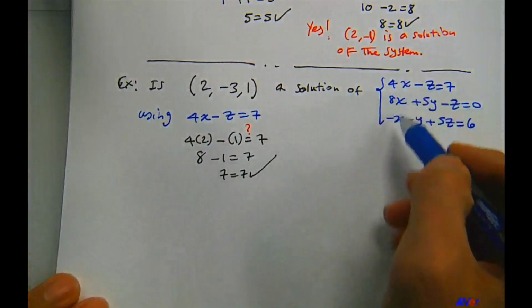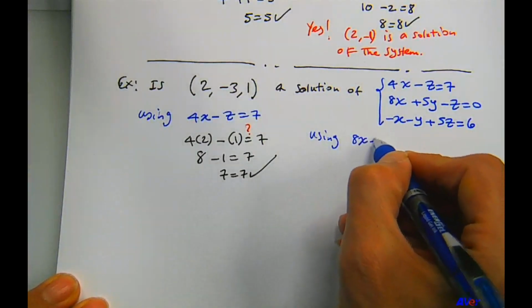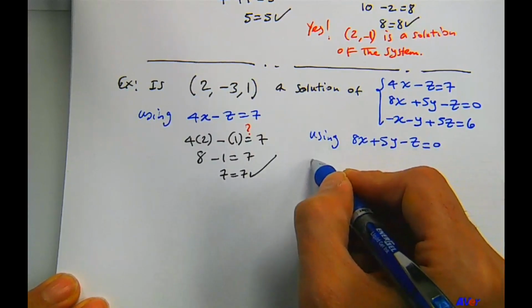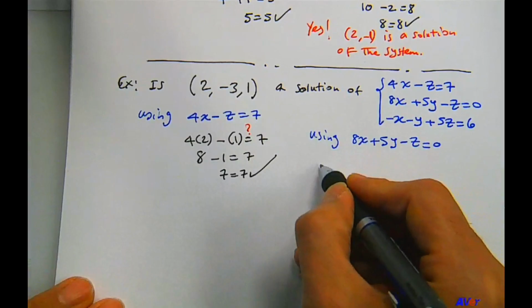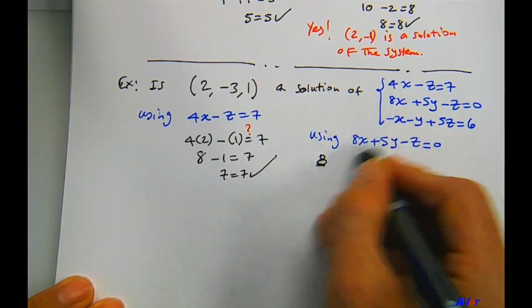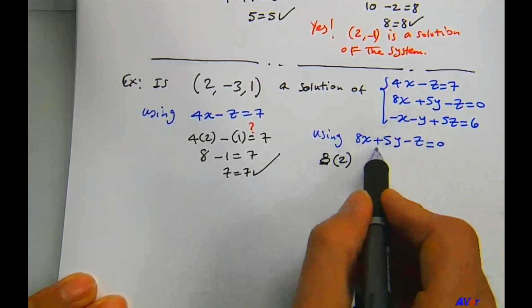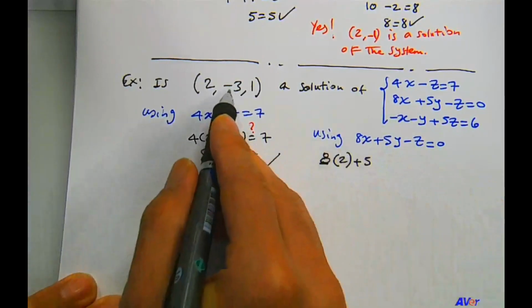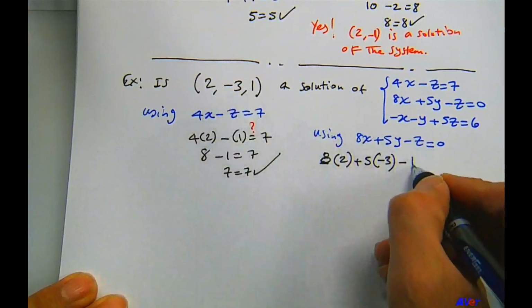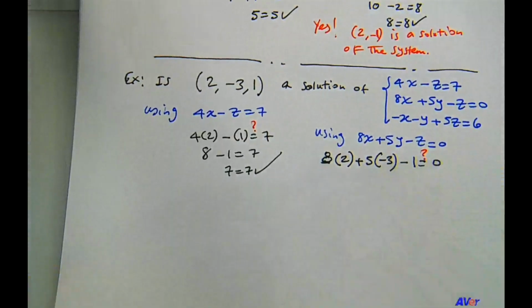Let's check the second equation here, using 8x plus 5y minus z equals 0. We have 8 times x, x is 2, so I'm going to plug in, plus 5 times y, y is minus 3, minus z, z is 1, and we're checking to see if the left and the right agree.